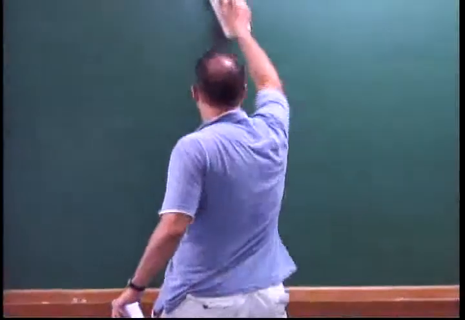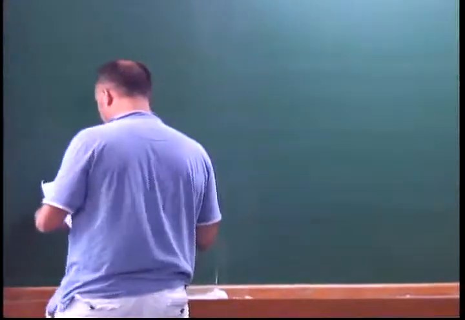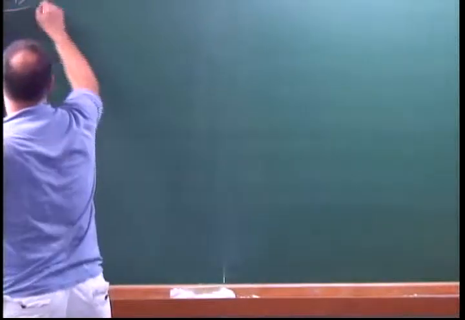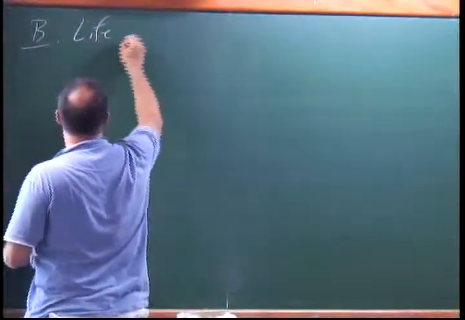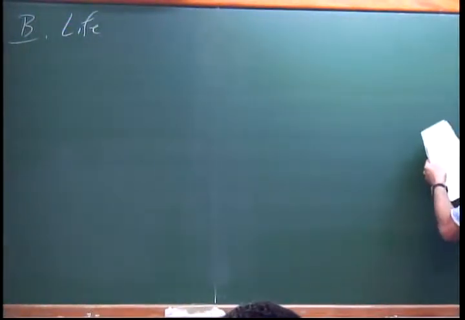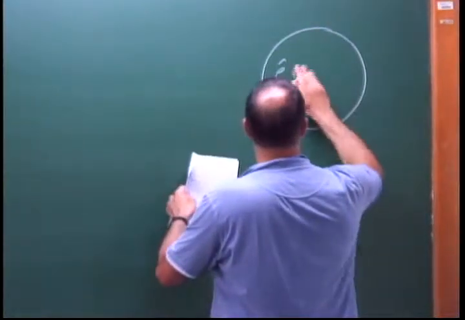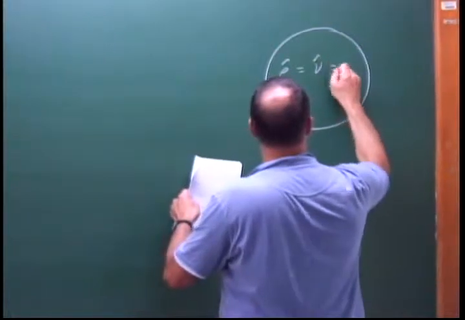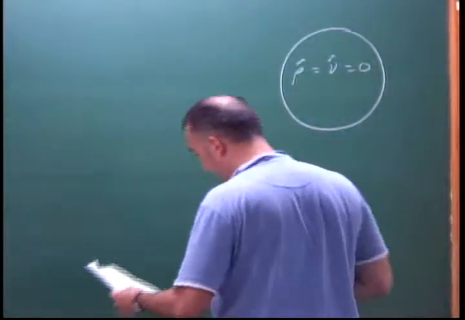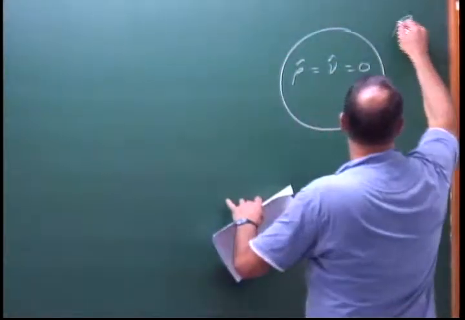In particular, if we look at their dynamics, okay, so if we have our bubble now, for all intents and purposes, we can take the viscosity and the density to be 0.